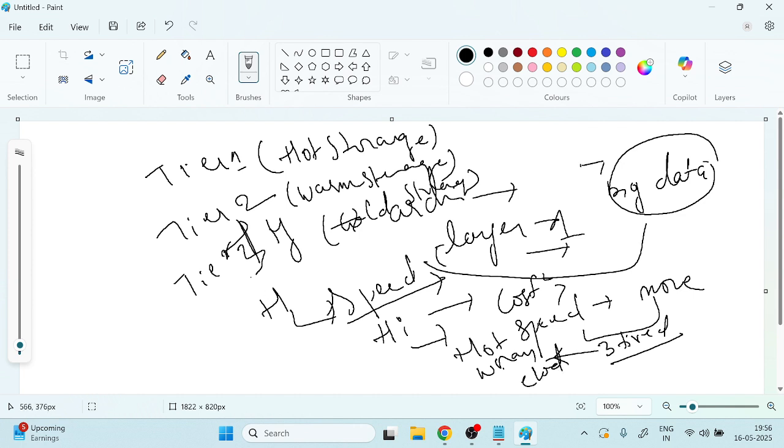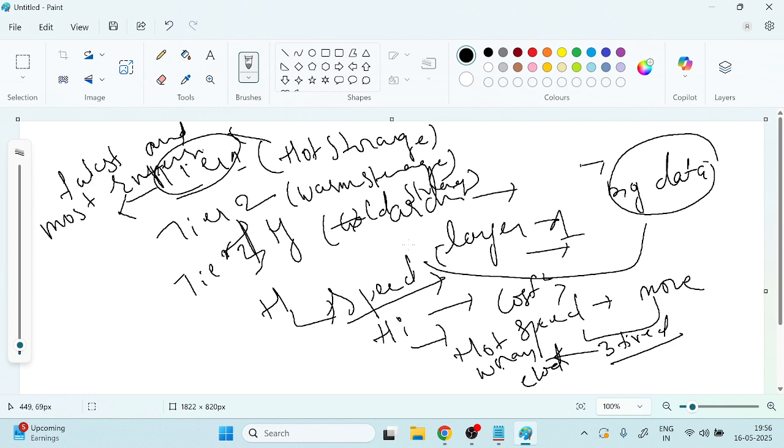Hot storage is in tier 1, and it is the fastest and most expensive. That's why we call it hot storage.